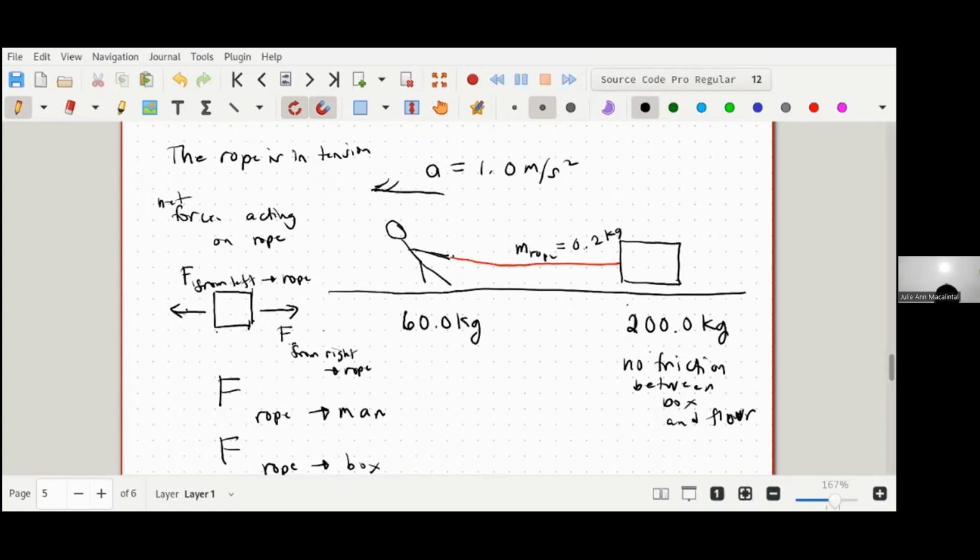There's tension from the left and tension from the right. So I think it's better to think in terms of the force from the left and the force from the right, and then you can talk about tension on two different ends.